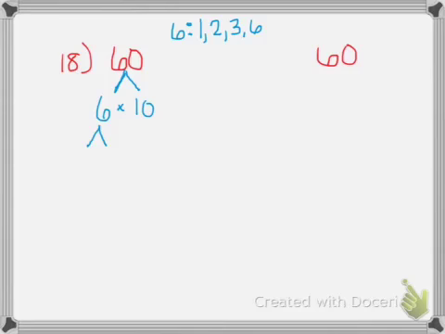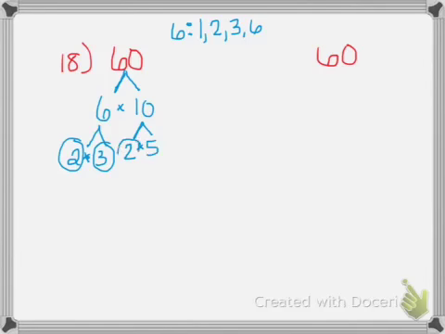6 is made up of 2 times 3. Now, 2 is prime, so I'm going to circle that. And 3 is also prime, so I'm going to circle that, which means I'm done with my 6. But let me go over to the 10, and I know that 10 is made up of factors 2 times 5.